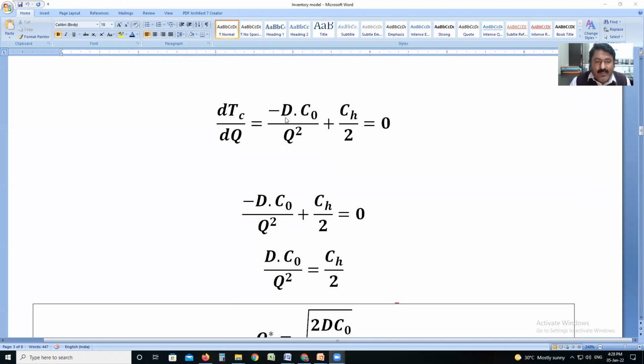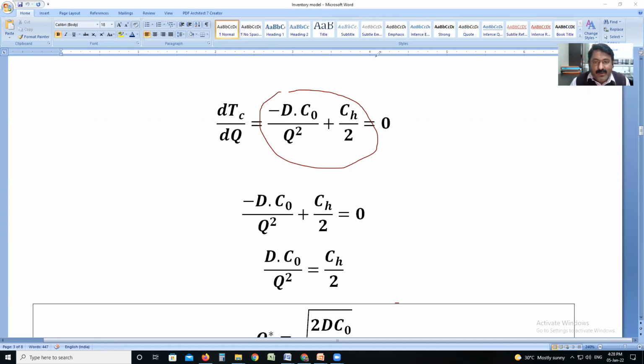Therefore, taking this term and equating it to 0, minus D CO divided by Q square plus CH by 2. Taking this CH to the other side, both will become minus, going for cancellation. So you will get D CO over Q square equal to CH by 2.